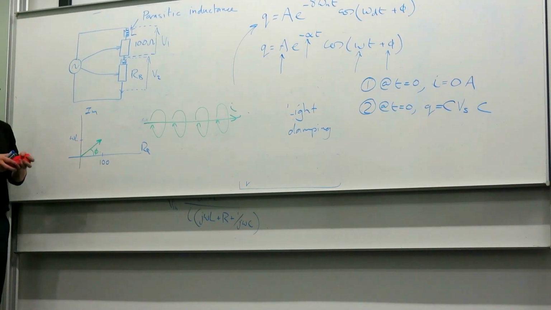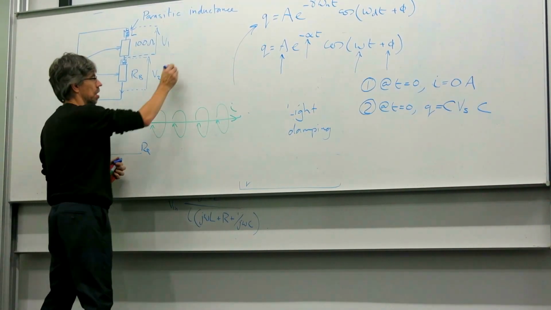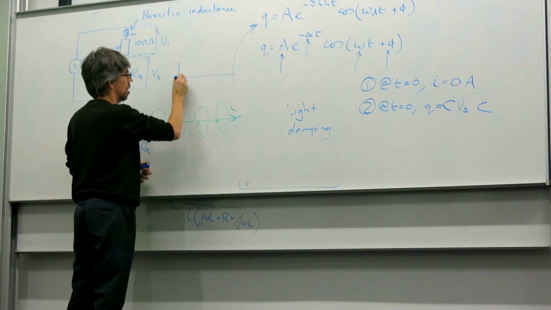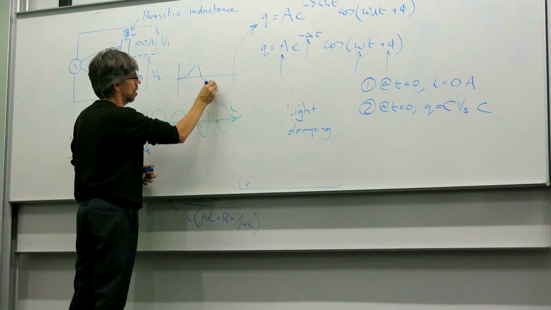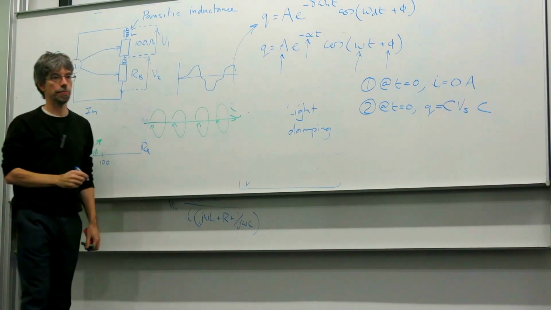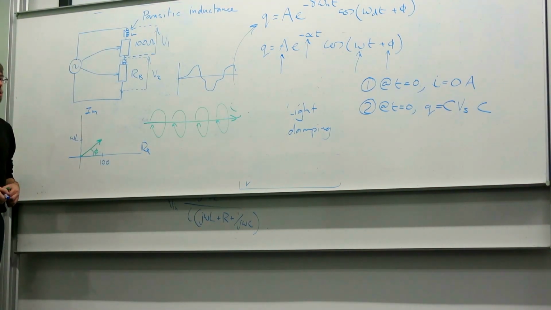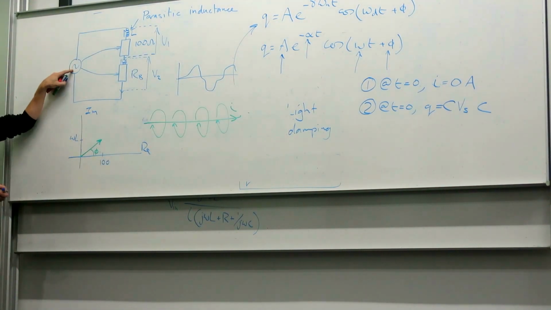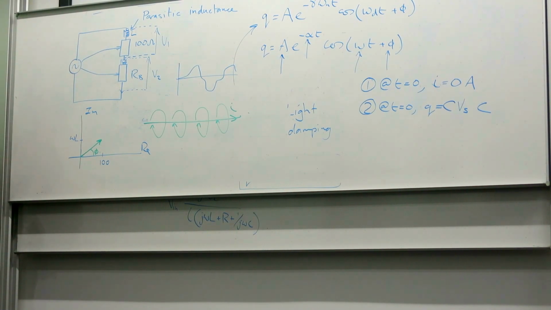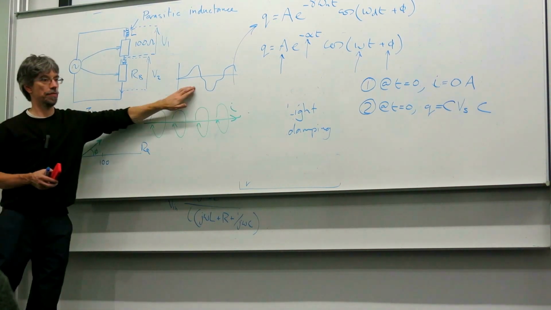What you actually see is some odd shape like that. And that is the transformer that you had to use here. It's not linear at low frequencies. So below about 150 hertz, if you put a sine wave in one side, you don't get a sine wave out the other side, you get something different.